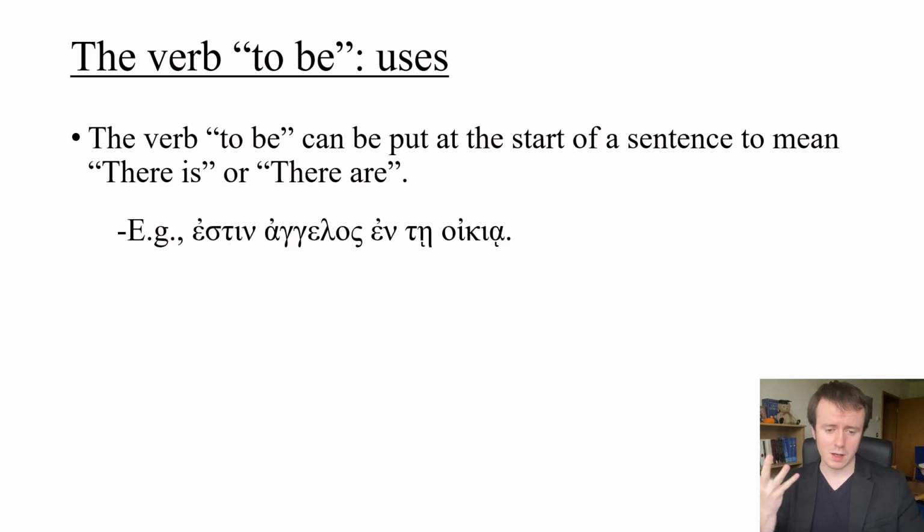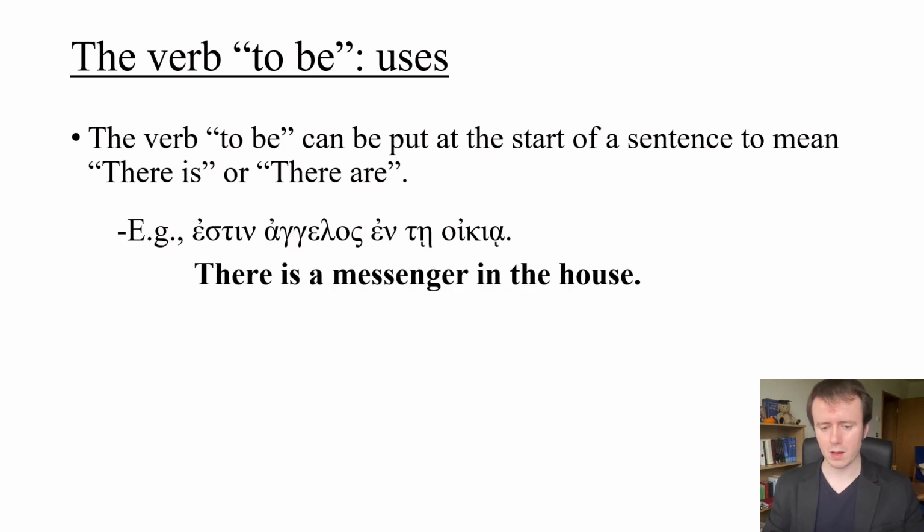But because estin is at the start, it means there is a messenger in the house. So estin and eisin can appear at the start of a sentence to mean there is and there are, respectively. So this sentence means there is a messenger in the house.